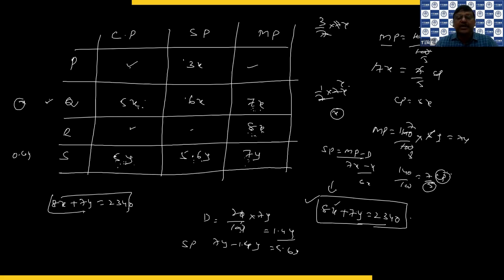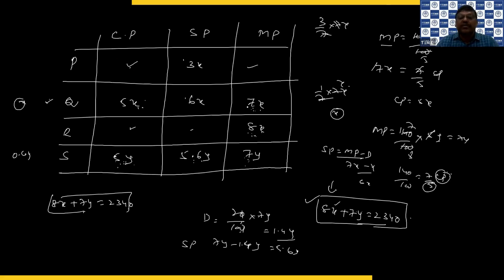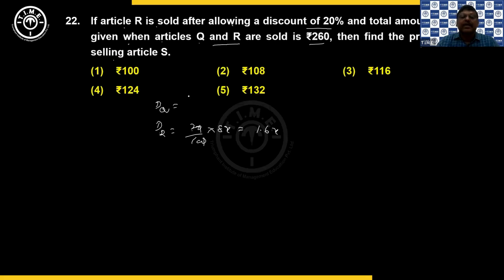The discount given on R will be 20% of 8x, that is 16 by 10, 1.6x. What is the discount on Q? Discount on Q you already know, 7x minus 6x, which is 1x.